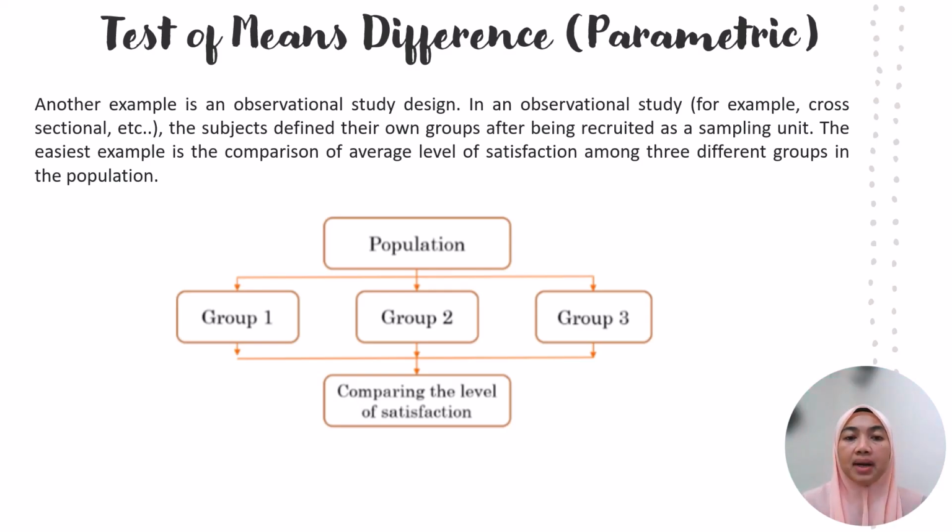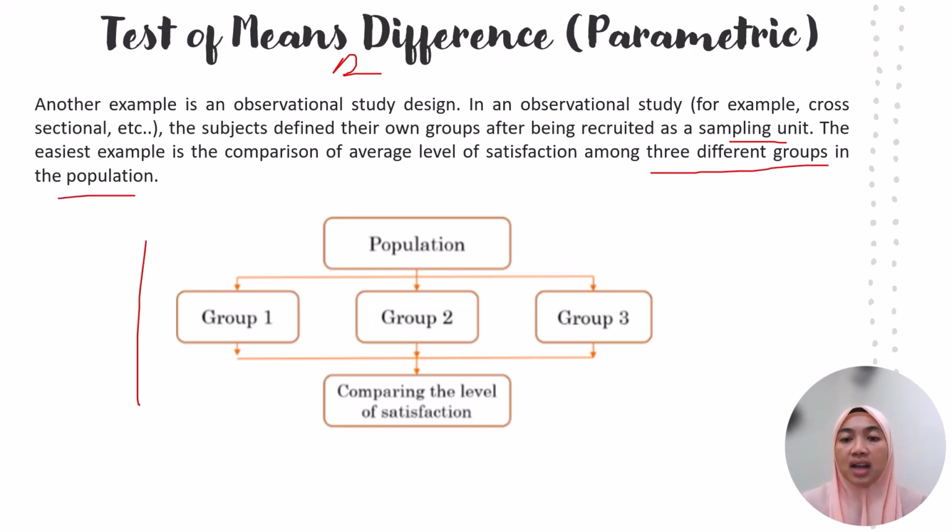Another example is an observational study design. This is the second type of research design. In an observational design, the subjects define their own groups after being recruited as a sampling unit. An example is the comparison of the average level of satisfaction among three different groups in the population.